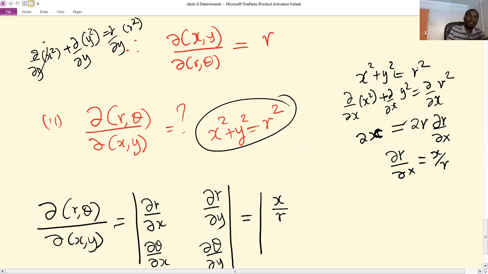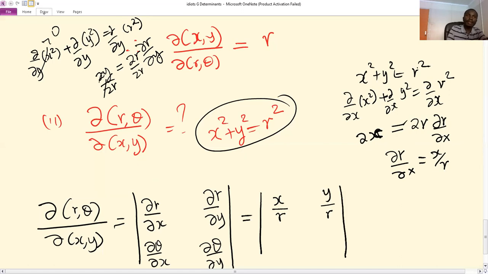This would be 0 because there's no y. This would be 2y, and this would be 2r times partial r partial y, because r is assumed to be a differentiable function of y. Dividing through by 2r, we get y over r.